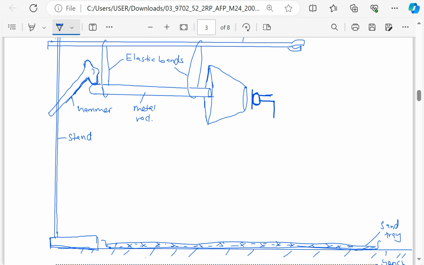Then I'll put the CRO here. I think the symbol for CRO is something like this. Yeah, that is a CRO. Now the only challenge is how I'm going to hold the cone here. What should I use to hold the cone?